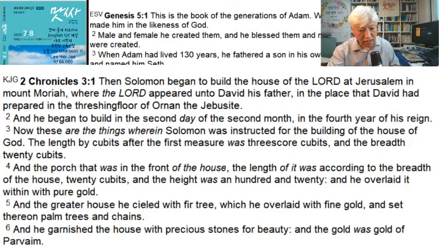And the greater house he sealed with fir tree, which he overlaid with fine gold, and set thereon palm trees and chains. And he garnished the house with precious stones for beauty, and the gold was gold of Parvaim.